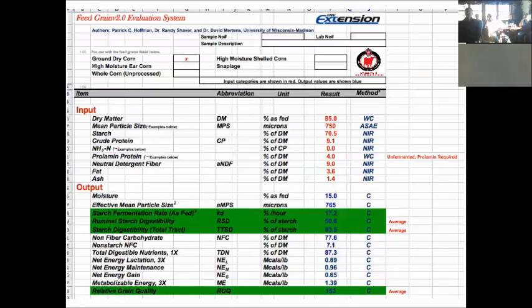So it is something that maybe you might want to talk with your nutritionist about, where you could actually take your sample, send it into the lab, and fill in all your data here and get some predictions on where you are relative to your high moisture corn and starch metabolism within your cows.